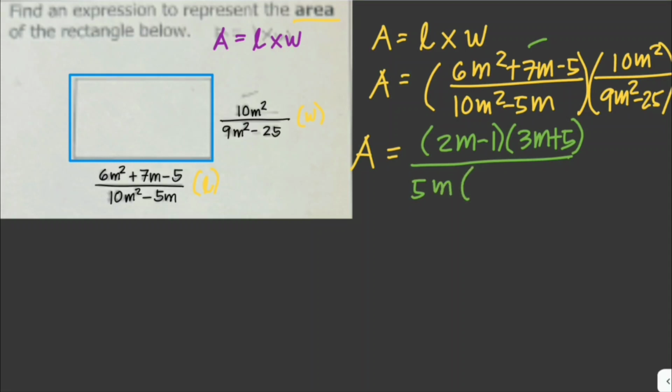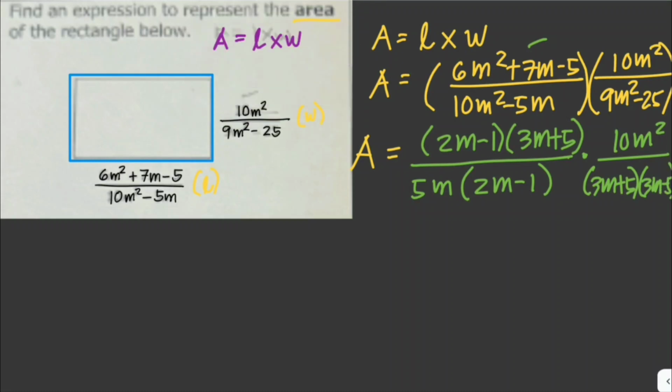Then we're left inside a parenthesis with 2m minus 1. Then 10m squared over 9m squared minus 25 is just the difference of two squares. So we can write this as 3m plus 5 times 3m minus 5.